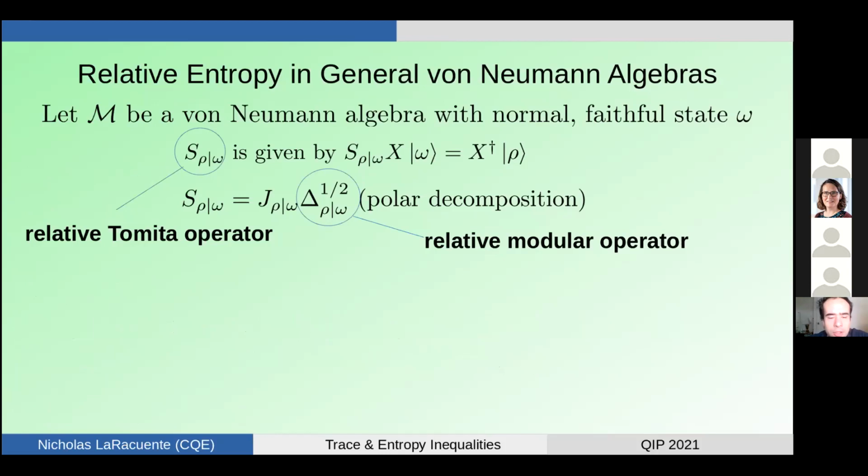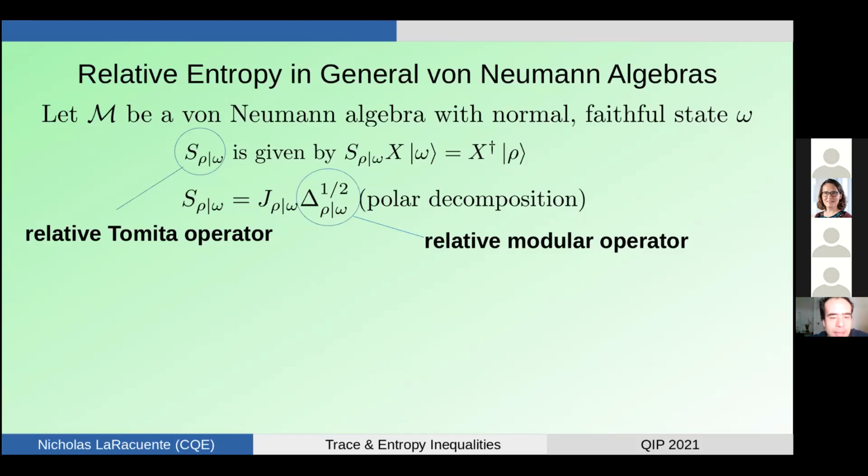To construct this without relying on any finite dimensional ideas or even any tracial ideas, it can arise from something called Tomita-Takesaki modular theory. We take a von Neumann algebra M with a normal faithful state omega, and then we can define what's called the relative Tomita operator, which is with respect to two densities, rho and omega.